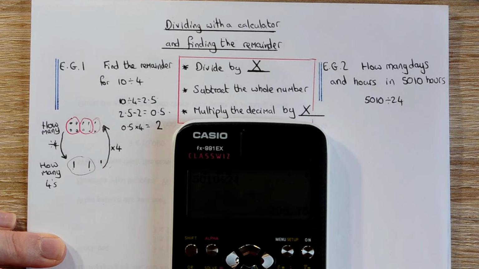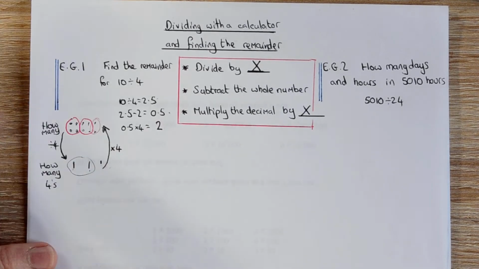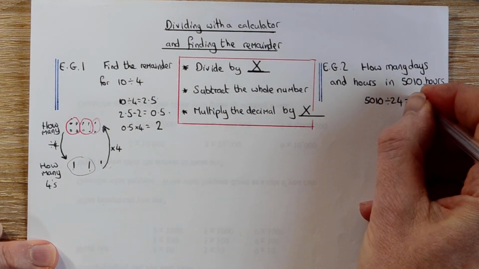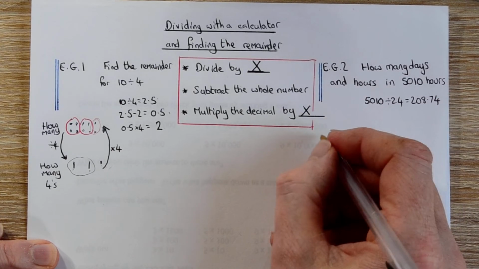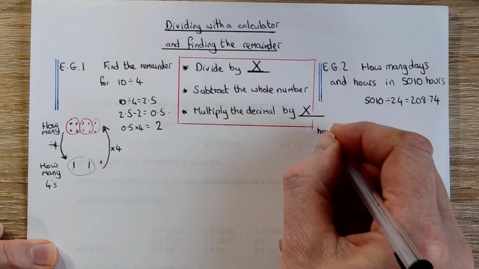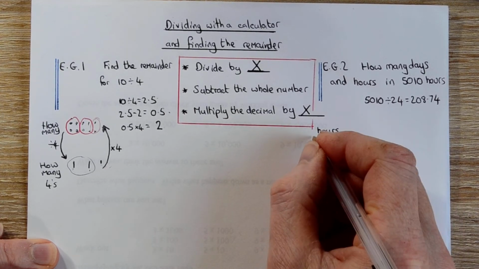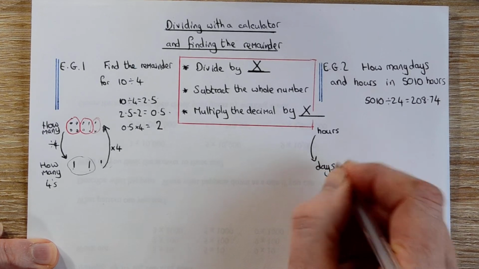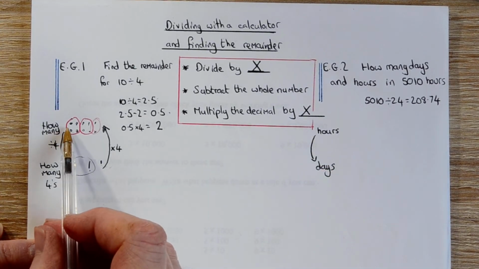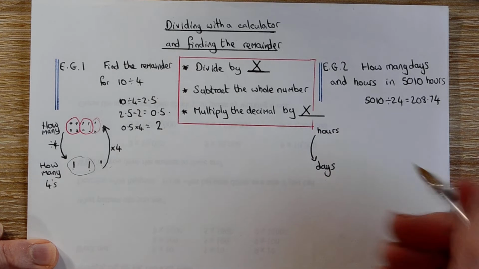That is a decimal, 208.75. So what we've done there, we've converted from hours into days. Just like over here, we worked from how many into how many fours.